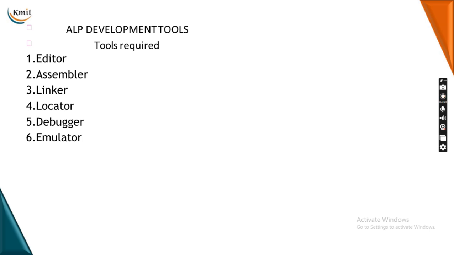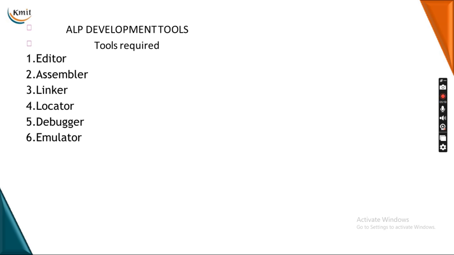Third one, linker, links the various library files involved in your assembly language programming. It links the various library files and object files. It locates the files where they are and matches them with the machine understandable language.